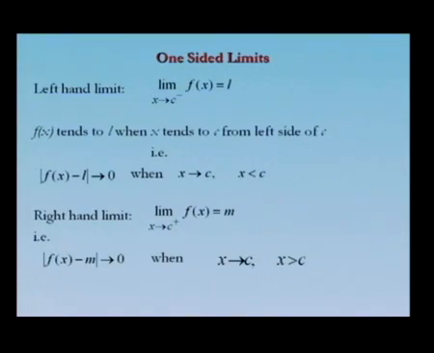Similarly, we can define the right hand limit. So we say limit x tends to c plus f(x) equals m if the difference between f(x) and m tends to 0 when x tends to c from the right hand side.